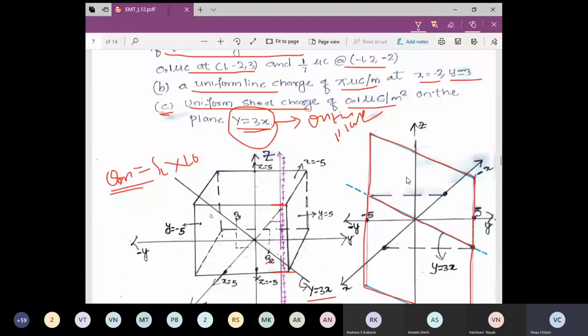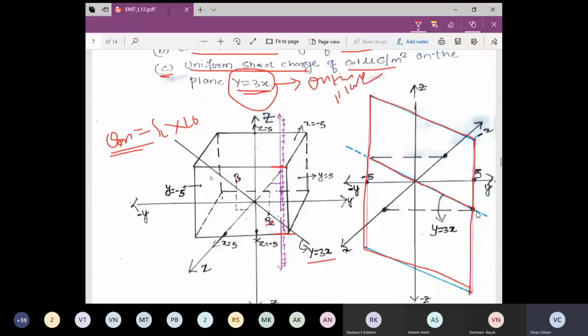Or the other way I want to say is, we need to identify what portion of area of this plane is trapped inside the cubical surface. If I know what area is trapped inside this cubical surface, finding Q enclosed is quite simple, because the charge density is uniform. I can say that Q enclosed is rho s into area.